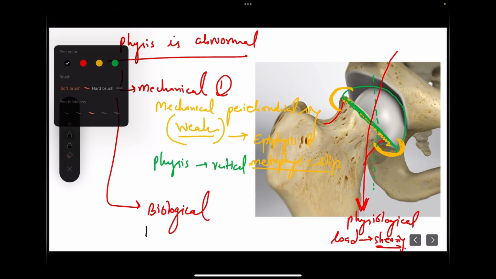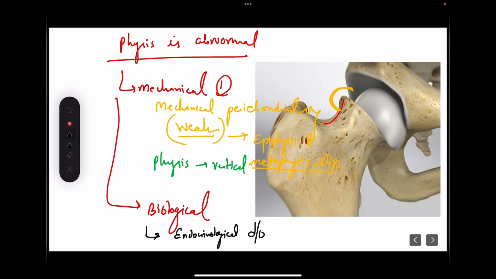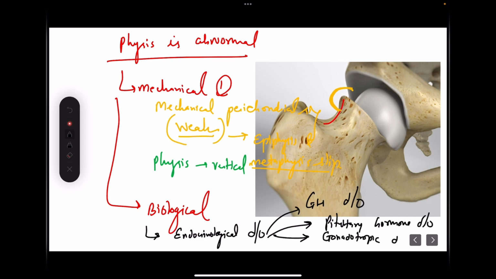Now coming to the biological factors. Whenever a child is suffering from endocrinological disorders, what could these be? Like growth hormone disorders, pituitary hormone disorder, gonadotropin disorder, renal osteodystrophy.